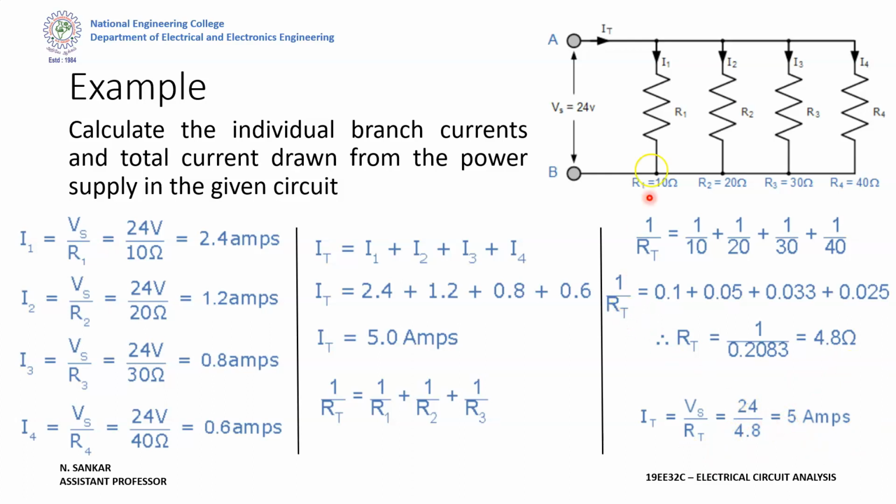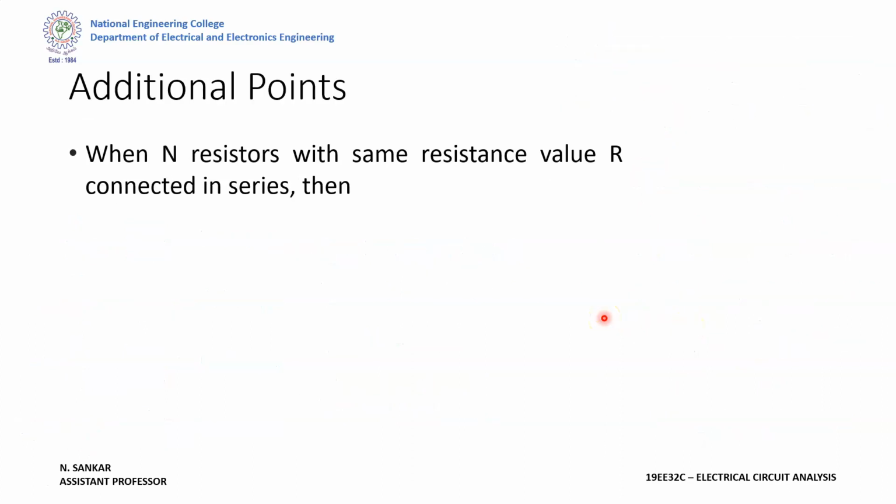So either you can simply apply Kirchhoff's current law to find the total current, or you can go for this one. Okay, that's your choice. Now, additional points. If n resistors of the same value are connected in series, then the final value will be equal to n into R. For example, if I am connecting three resistors of value R in series, R plus R plus R will be equal to 3 into R. In case of 5 resistors, it will be R plus R plus R plus R plus R, that will be equal to 5R.